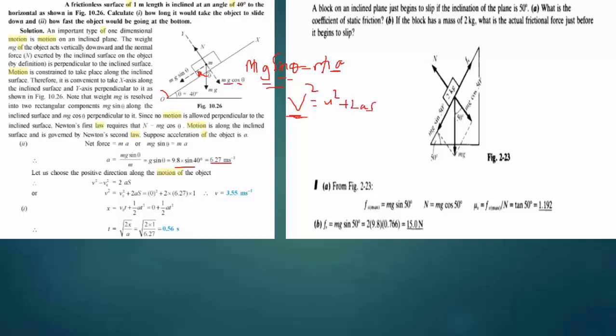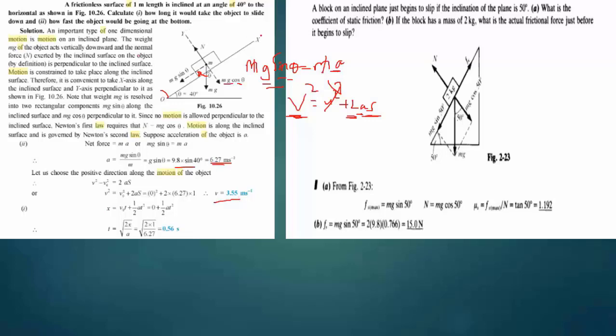So the final velocity after covering a certain distance, the initial was 0. We have the acceleration we calculated, 6.27, times the distance s which is 1 meter. So putting in the values, v squared is equal to 2 times acceleration times distance 1. Finding the square root, eventually we get v as 3.55 meters per second.